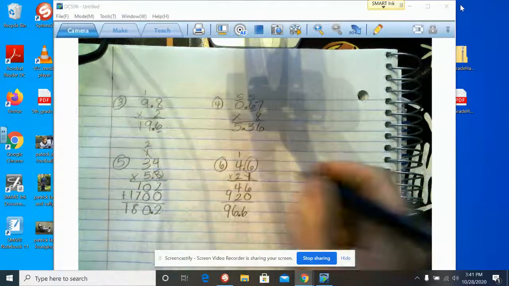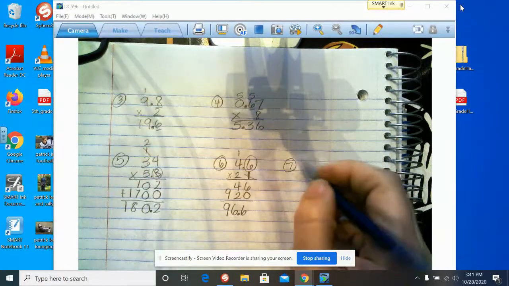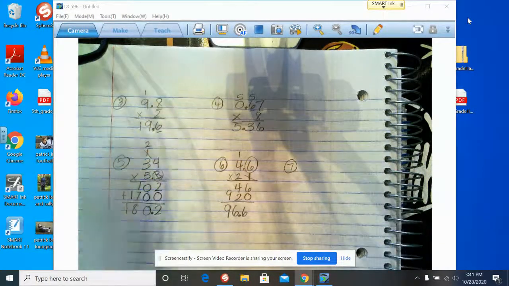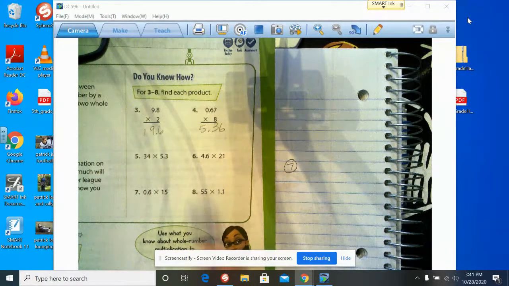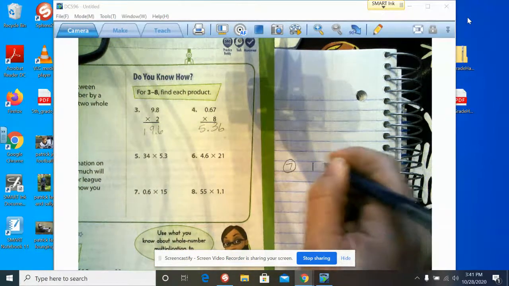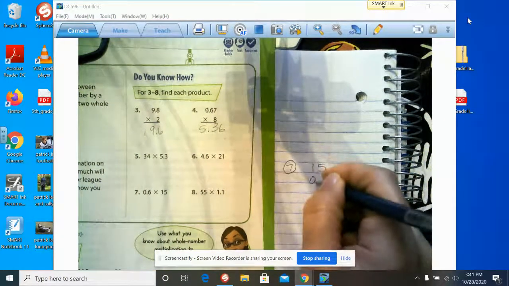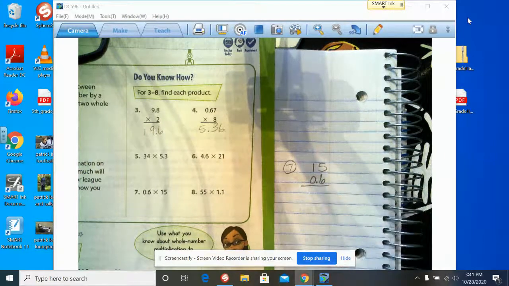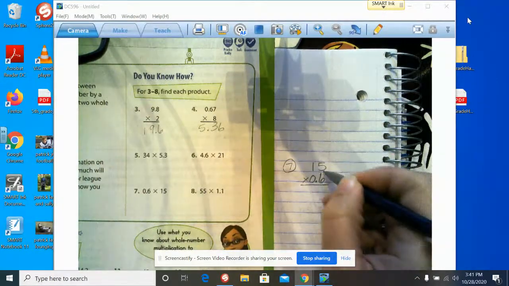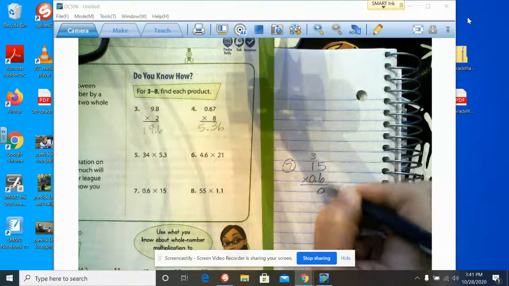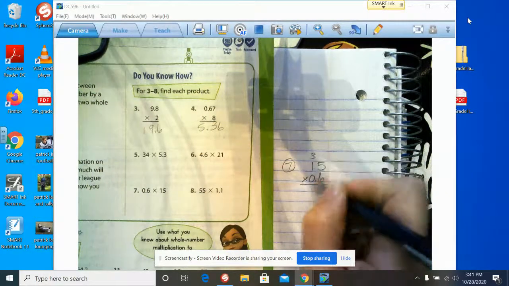I'm just going to do number 7 with you because of the way the book has it set up. They have it as 0.6 times 15, but I'm going to put the 15 on top. I'm just more comfortable with that. It's the same number of digits because of the 0, but I think this makes more sense to me. 6 times 5 is 30. 6 times 1 is 6, plus 3 is 9.